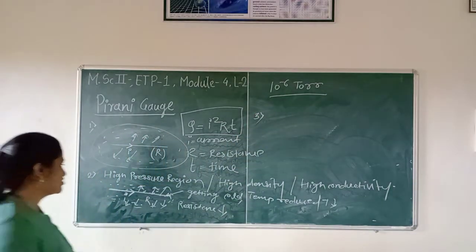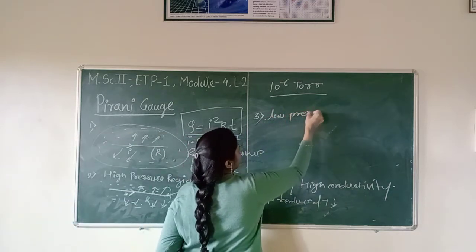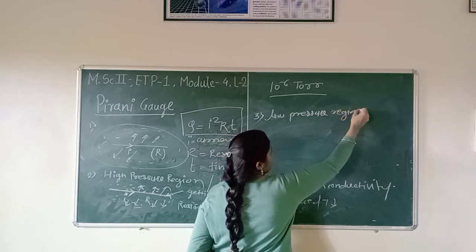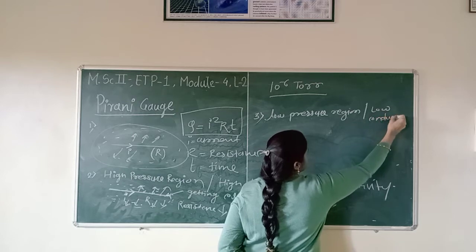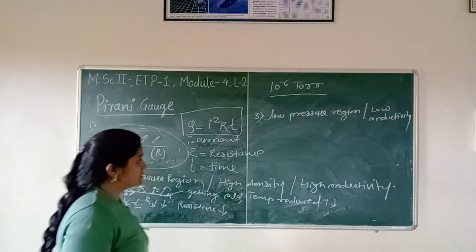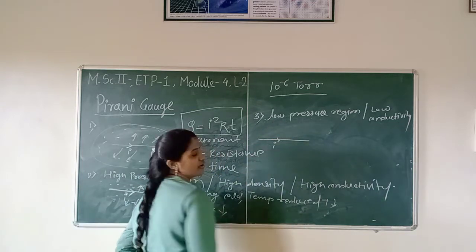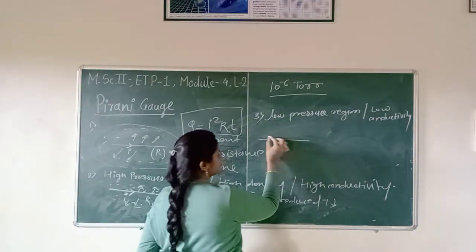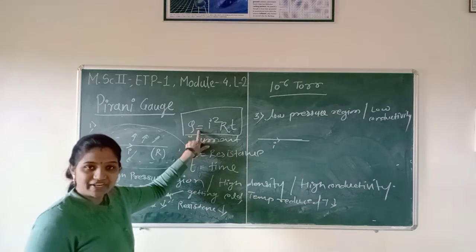Now see here, the third point. The third point is for the low pressure region, or low conductivity. Okay, see here, as a low pressure region is there and this is the wire through which current I is passing, then as we know, this wire is going to heat due to that equation.